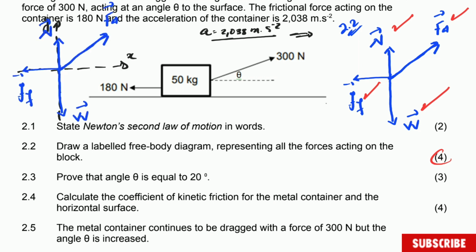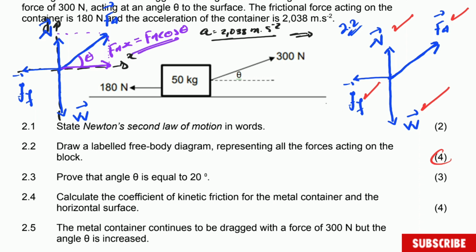Prove that the angle is equal to 20. Now, to do that question, the first thing we're going to do is copy the free body diagram. But in this free body diagram, I'm going to break the force into components. I will have here the x component. This one will be FA in x. This one is theta, and FA in x will be equal to FA multiplied by the cosine of theta.